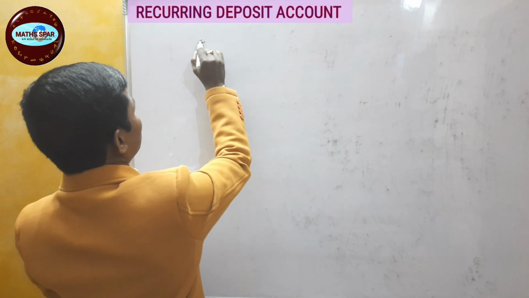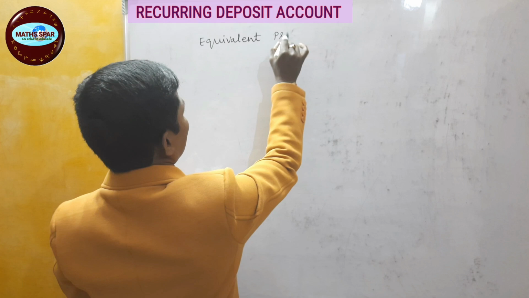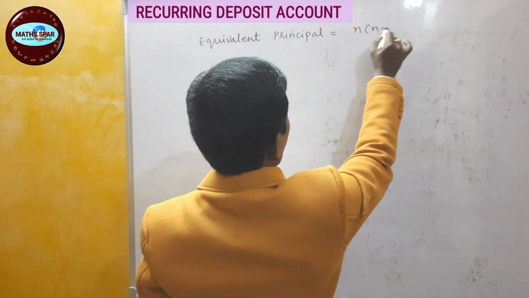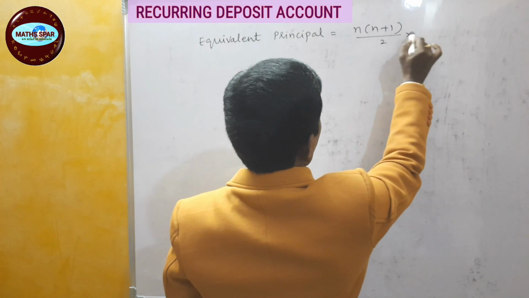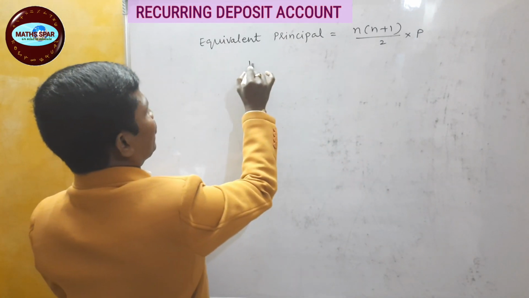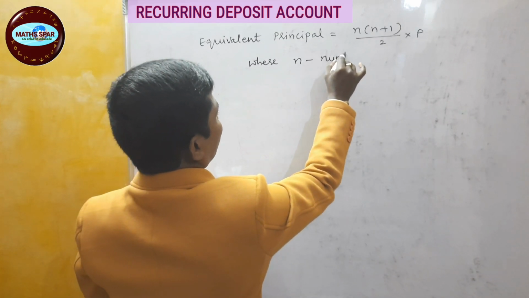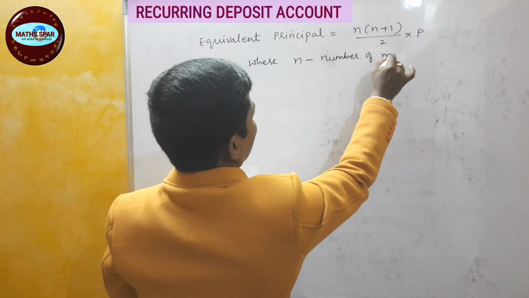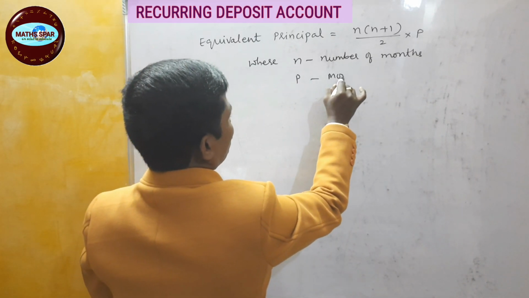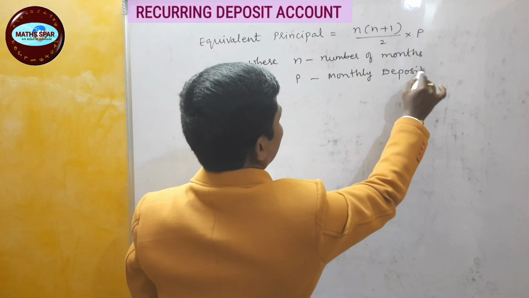So we need to remember 3 formulae to find the recurring deposit account solutions. First one is equivalent principal, that is n into n plus 1 by 2 into P, where n is number of months, very important. P is monthly deposit or monthly installment.